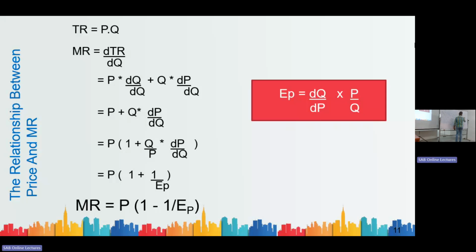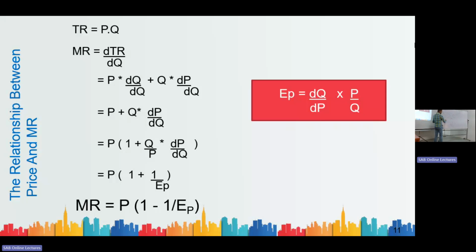We have a minus sign here, so it's minus 1. 1 minus 1 is 0. So what is the answer? 10 into 0 is 0. So when demand is unit price elastic, marginal revenue is 0.